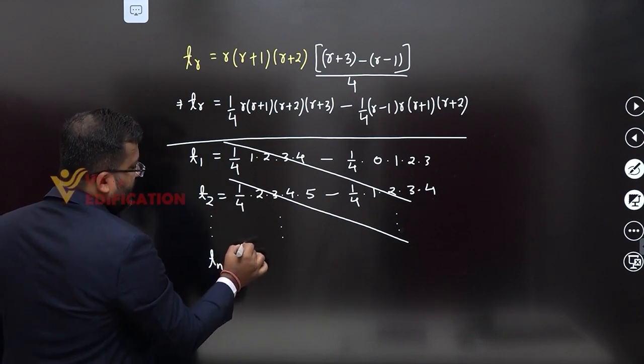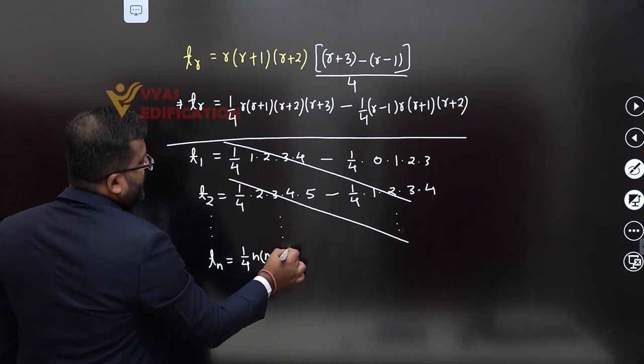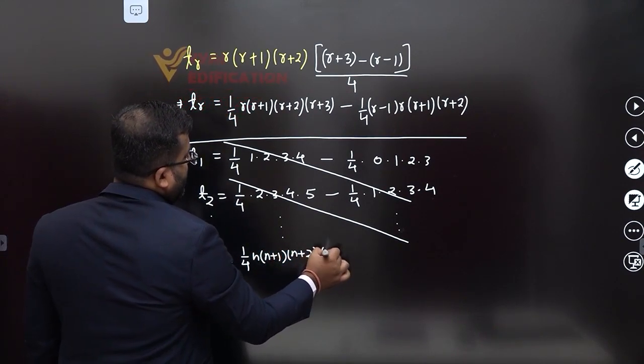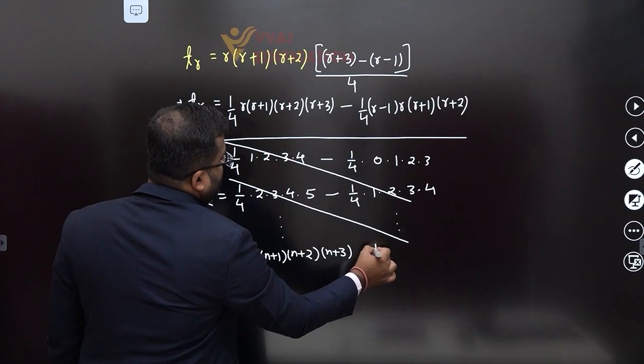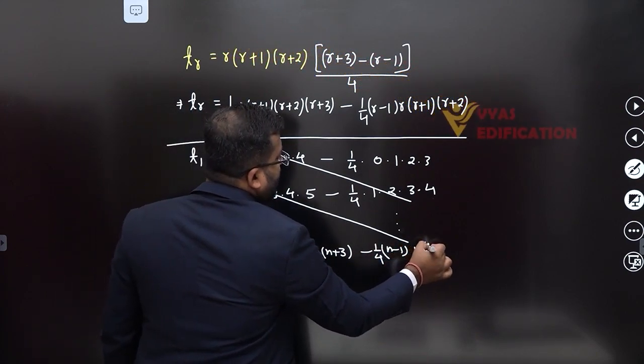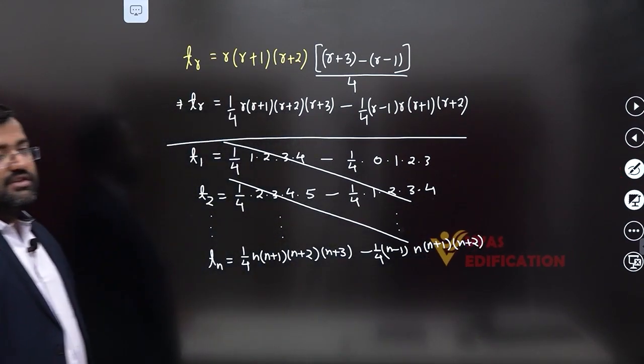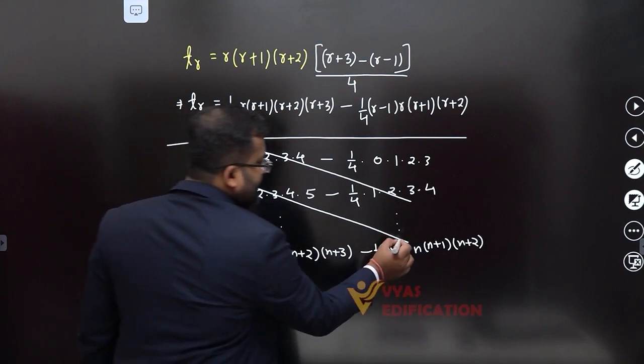Tn, what is Tn? 1 by 4, n plus 1, n plus 2, n plus 3 minus 1 by 4 times n minus 1, n plus 1, n plus 2. Yes or no? This is what you'll get, and yes, this gets cancelled.